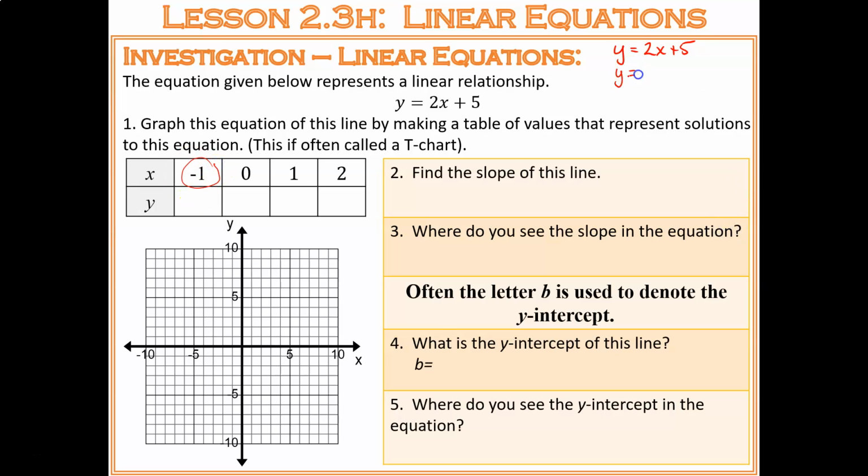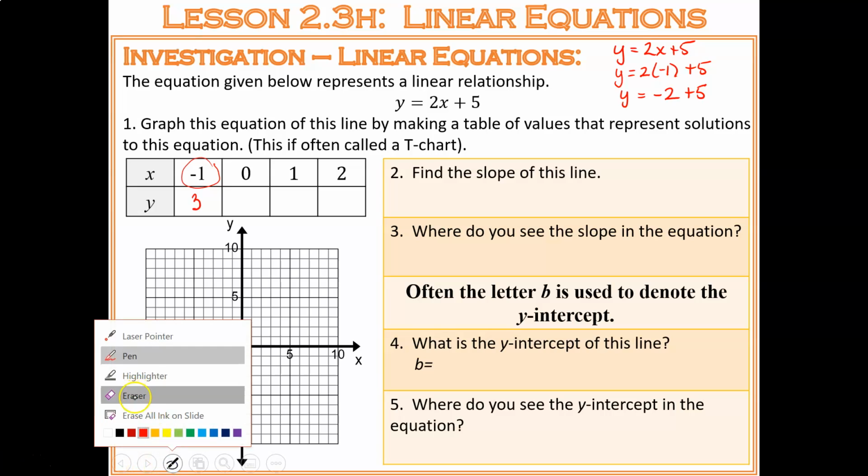So I have y equals 2 times -1 plus 5. When you multiply 2 times -1, you have -2 plus 5. That's 3.